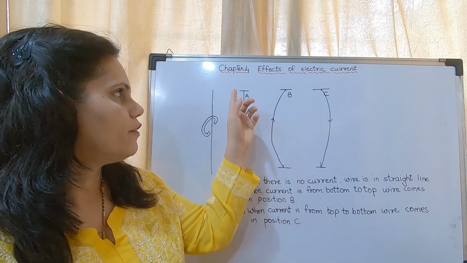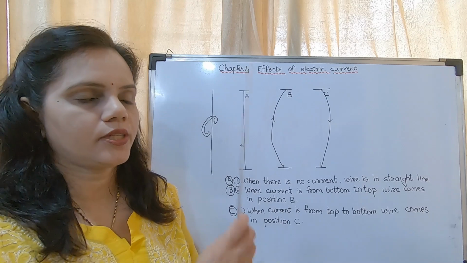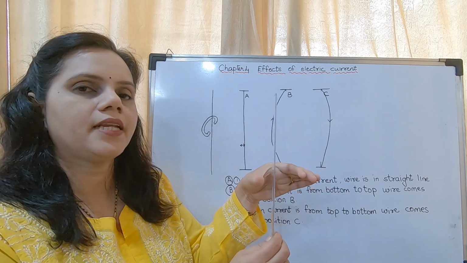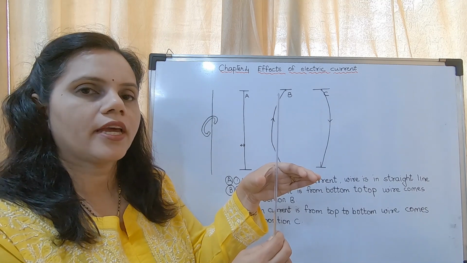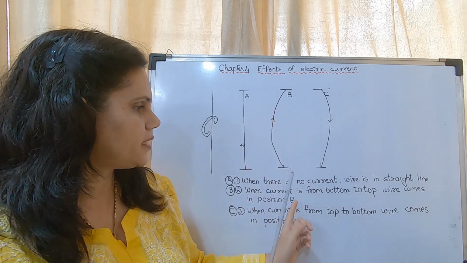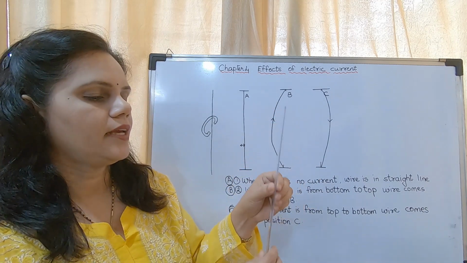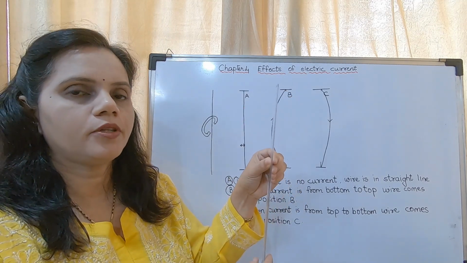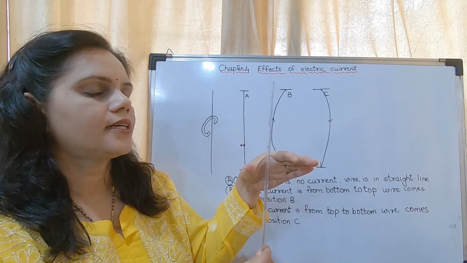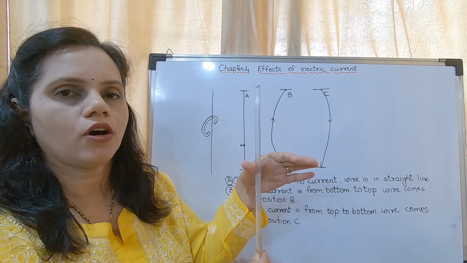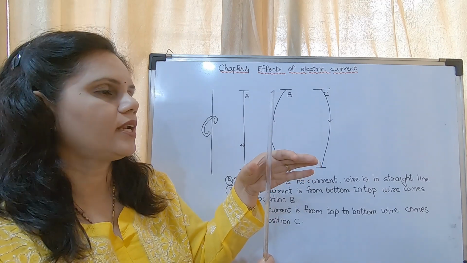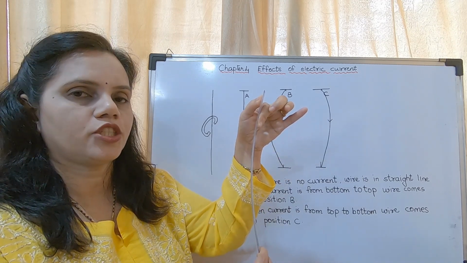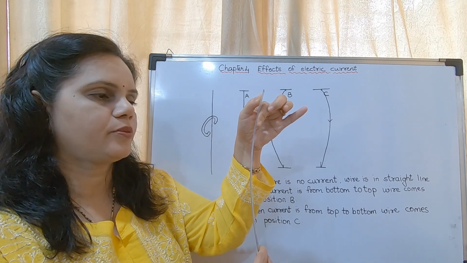Now when the current is not passing through the conductor, it remains straight. When the current is passing from bottom to top, then the conductor will get deflected to the left position.